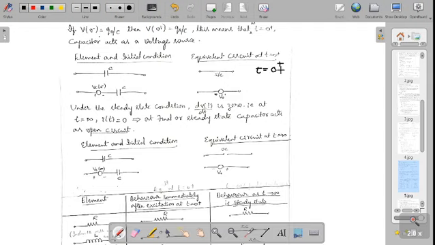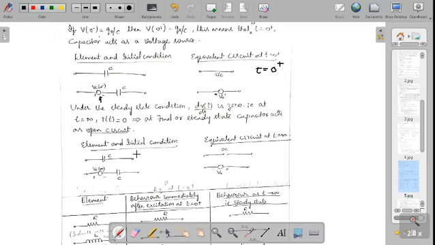At t is equal to 0 plus, the capacitor behaves as what? Short circuit. If the capacitor was carrying some voltage in the previous history, it can be represented by a voltage source.